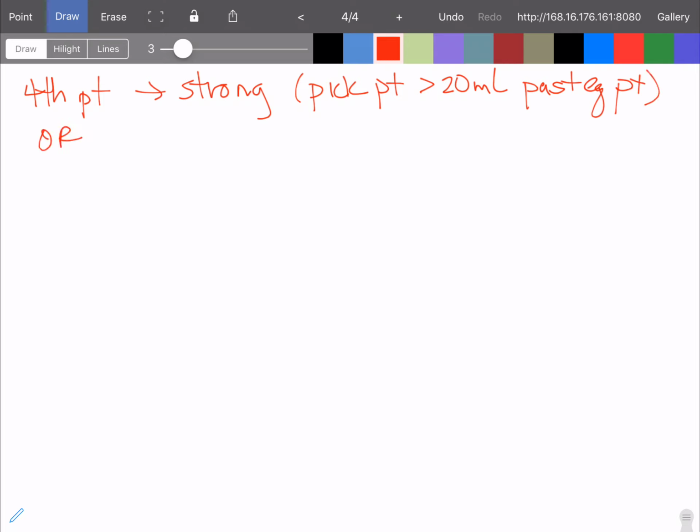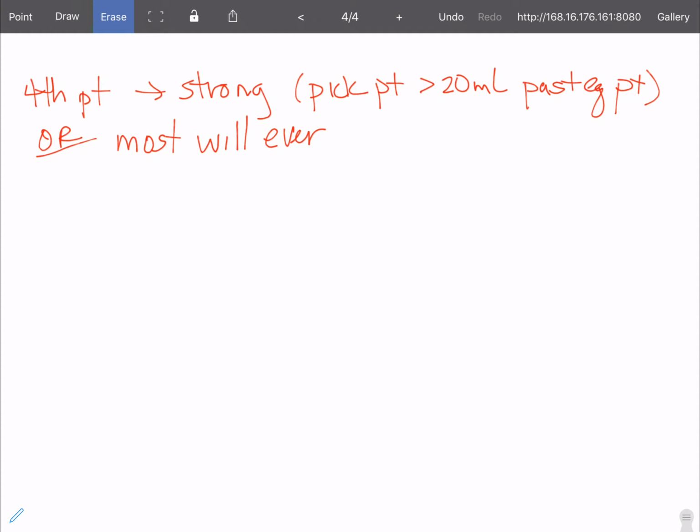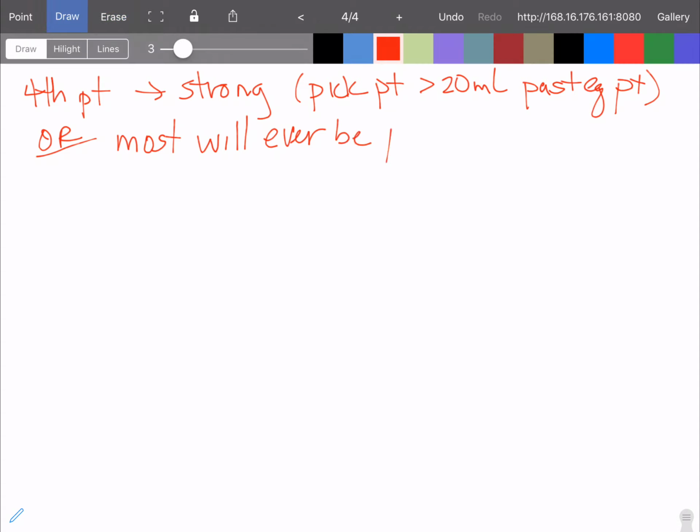The most it will ever be pH wise is the pH of the base. So your base was 0.240 molar.